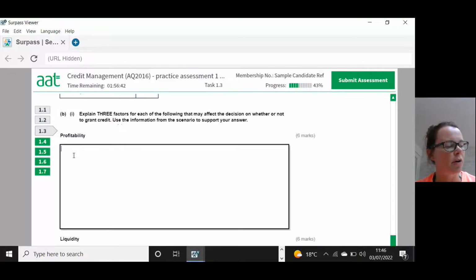Right, so again, you've got the AAT sample answer here, which is very good, but let's just pull out what we think would be good enough in the exam to get us these 6 marks. Right, so first of all, turnover. So a statement about what's happened. So turnover has decreased by 3.5%.